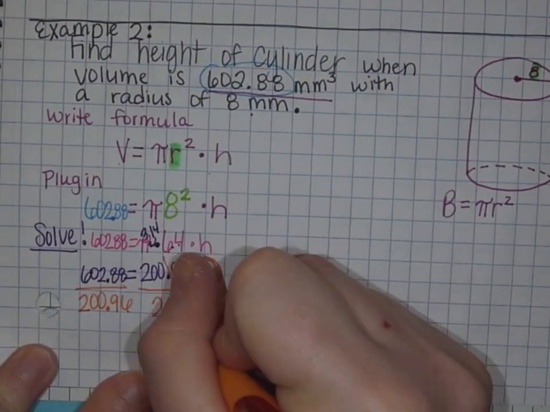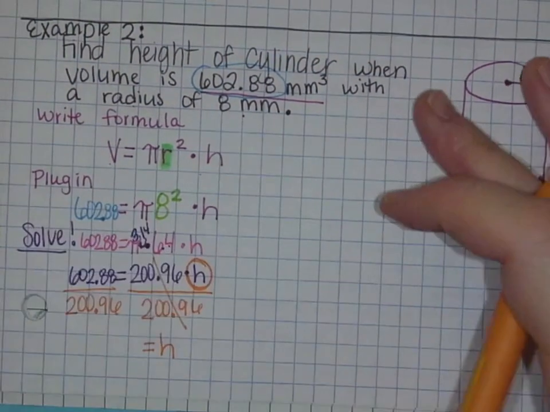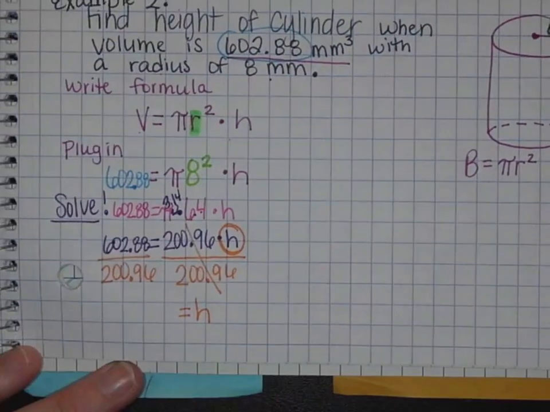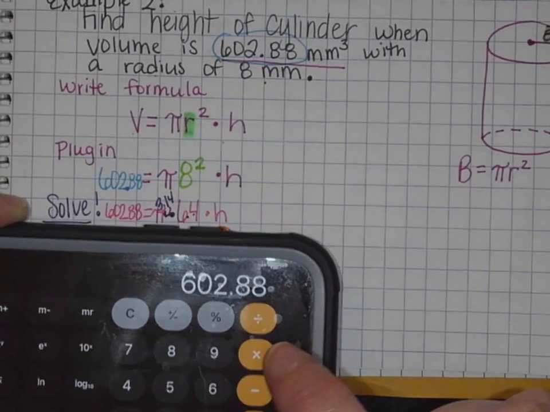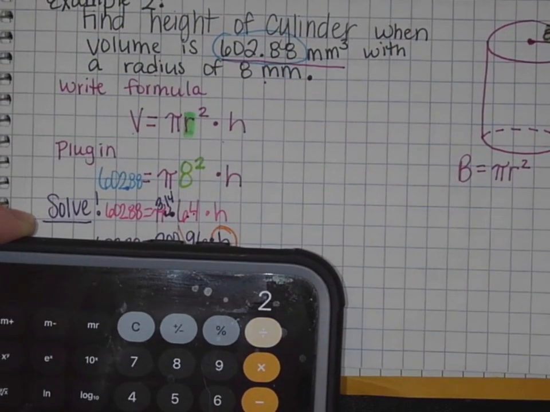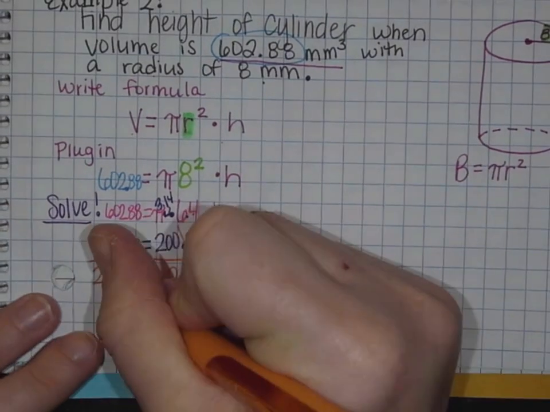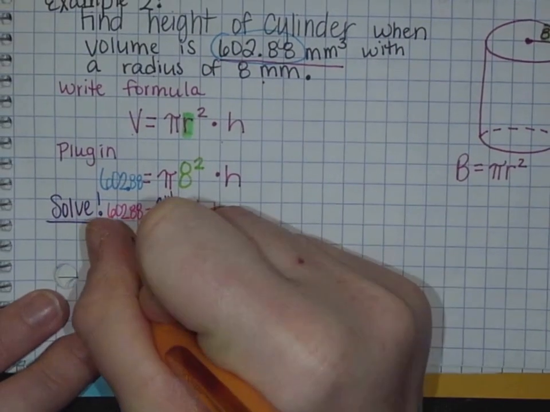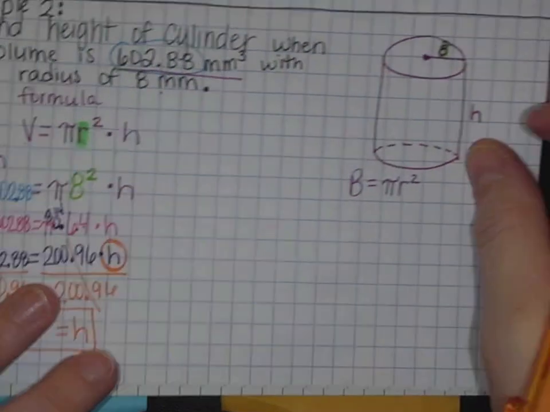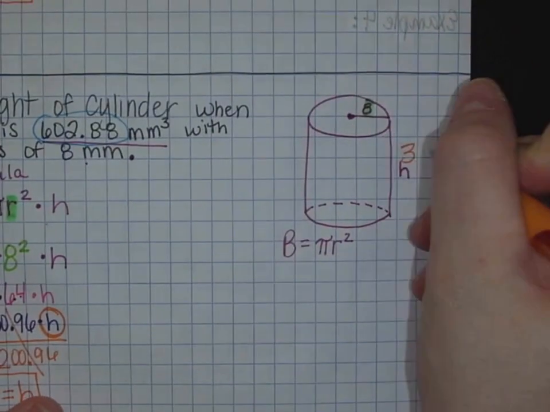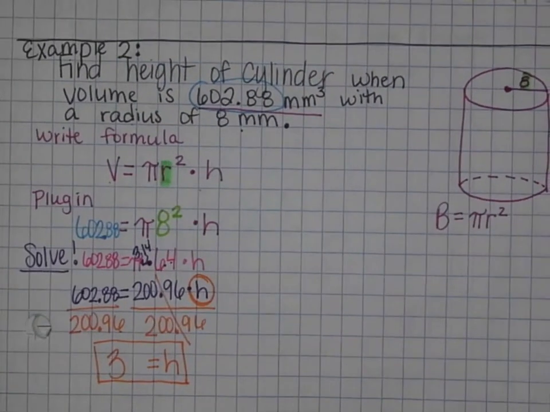So we're left with just an H equals, and now I'm going to do this in my calculator. So I'm going to do 602.88 divided by 200.96, which gives me 3. So my height is 3. So that is my final answer.